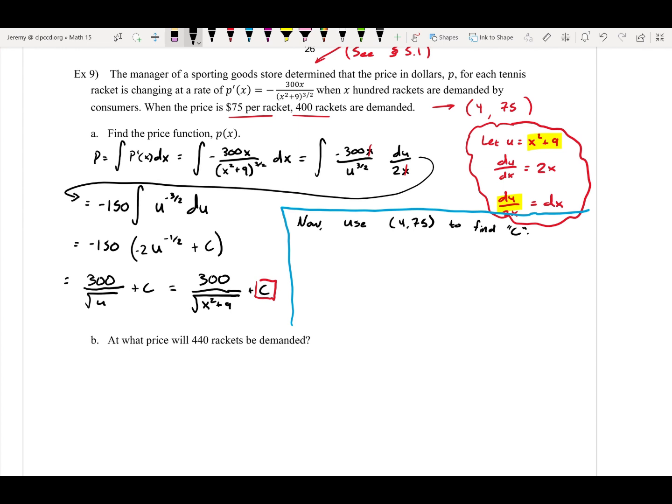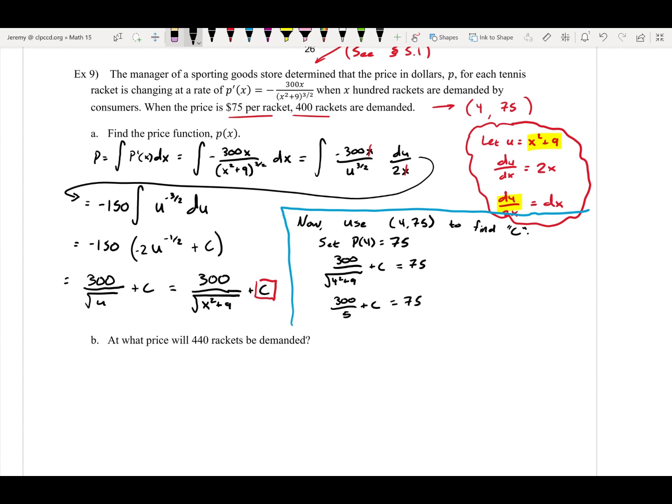So let's try this. I want to set p of 4 equal to 75. I'll be substituting in 4 for x. So I'll have 300 divided by the square root of 4 squared plus 9, plus c, equal to 75. 4 squared is 16, plus 9 is 25, so this simplifies to 300 divided by 5 plus c equal to 75.